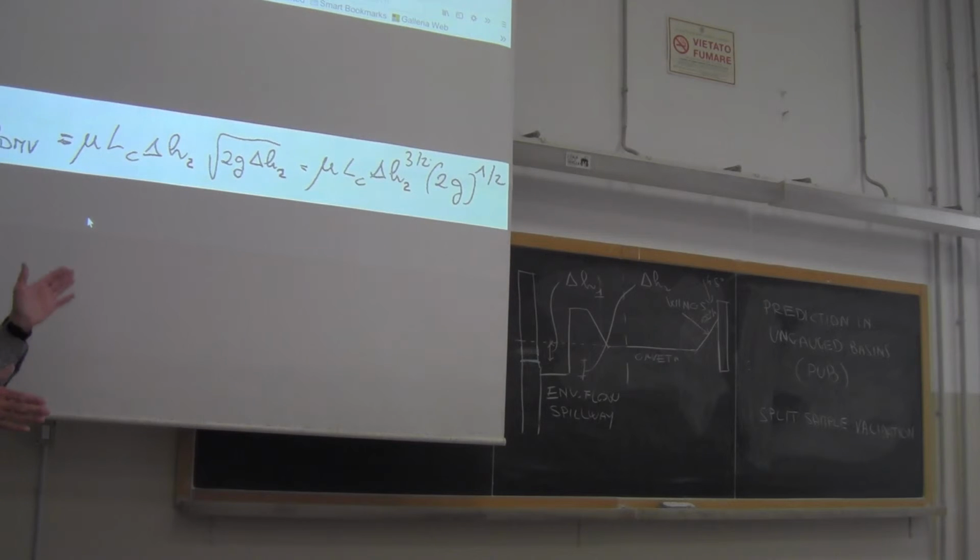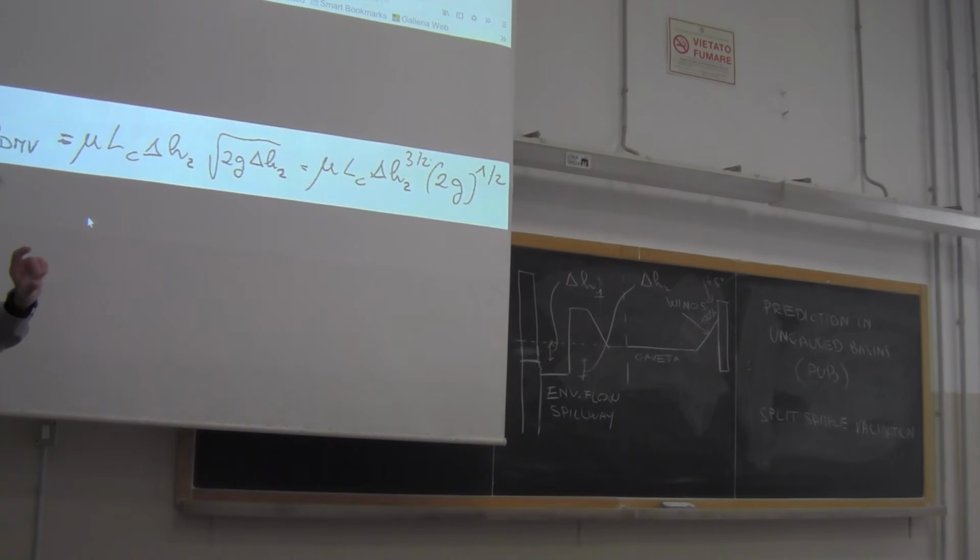But given that here typically we have weirs with large threshold because they have to bypass thick structures, then we use for mu 0.385. LC is the width of the environmental flow spillway. Of course, the larger the spillway, the larger the flow.